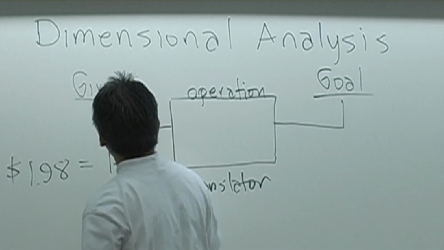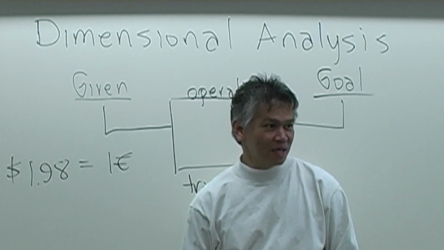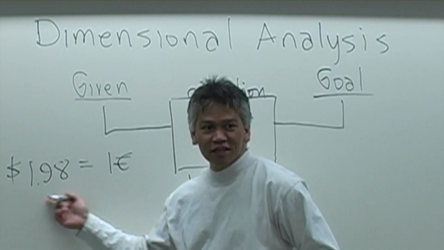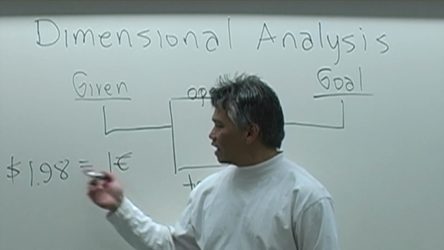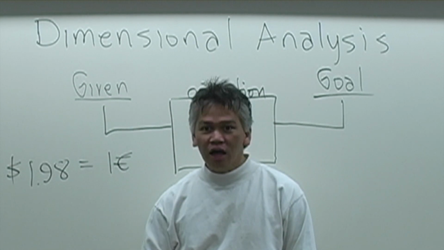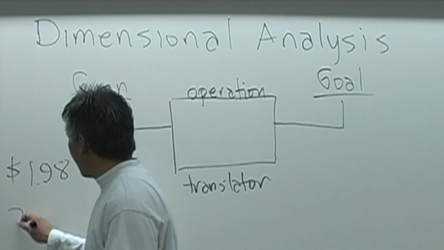So if you go to Europe and you go shopping there, it's going to be expensive. In fact, Europeans want to come to America and spend their money because it's a lot less expensive. So that's the exchange rate between the euro and the dollar. Suppose a cab fare is about $25.